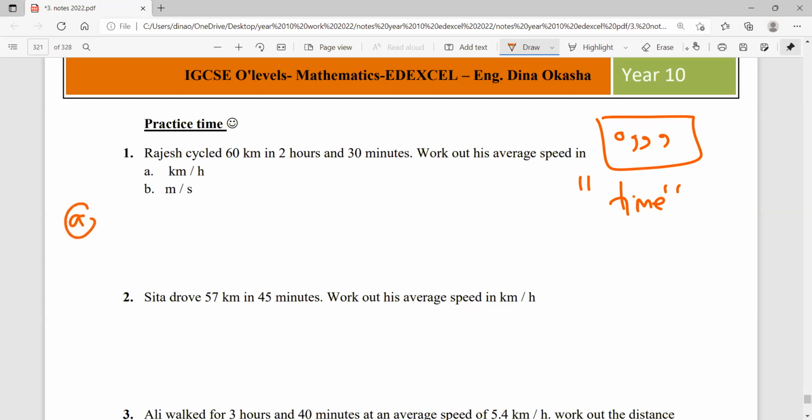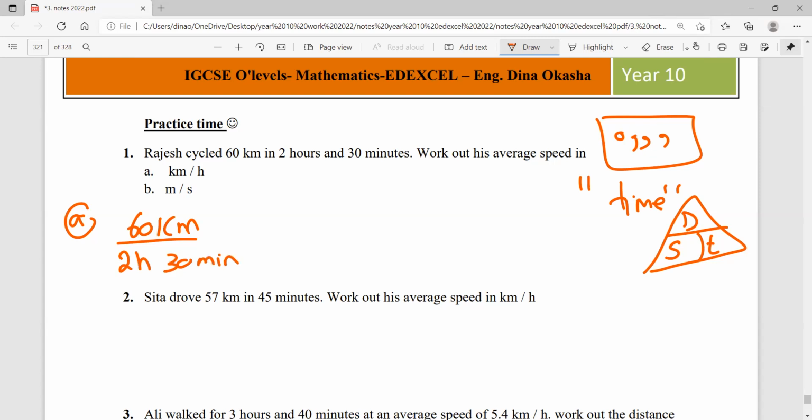طبعا the rule of the speed is distance over time. أنا من الشخصيات اللي لما بحل المسائل دي بكتب اليونت. طبعا let's draw the speed triangle. Speed equals distance over time. I am required to calculate the speed. So the speed is distance over time. Now the distance is given in kilometers and the time is given in 2 hours and 30 minutes.